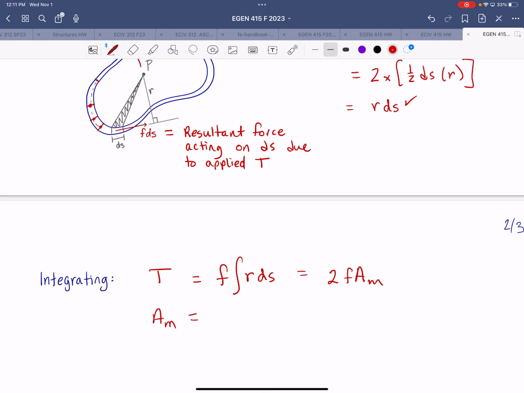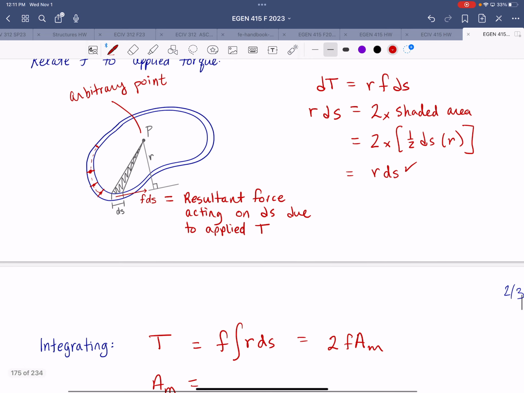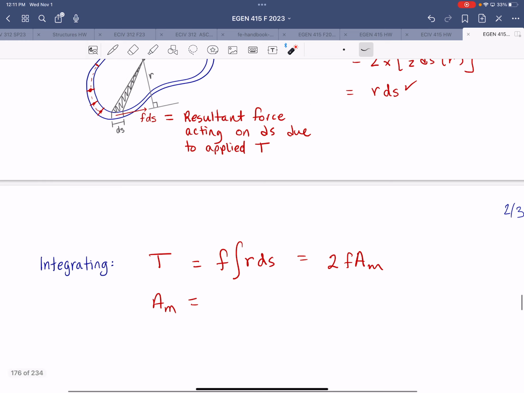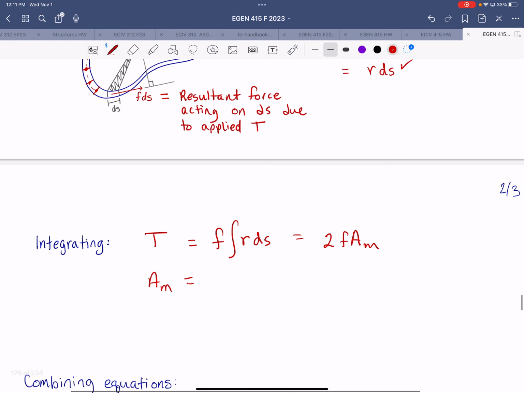That entire area is the value of A_m. So even though you don't have material in that entire area, you still count for that space in A_m. So that's why I'm saying it's the solid area.